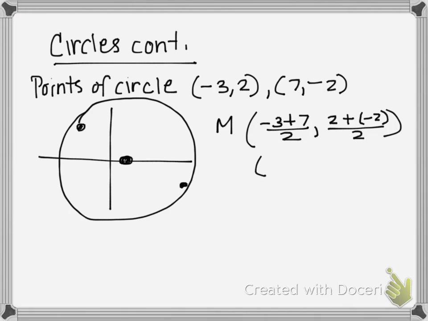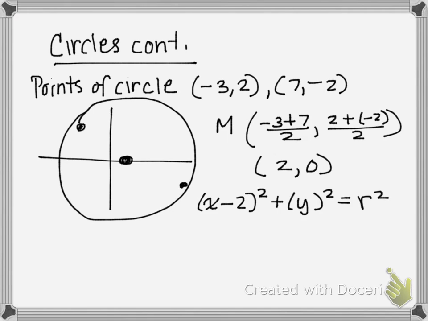And that will give us the midpoint, which would be at 2, 0, if I'm calculating correctly. So that would be the center, and then from there, it's simply a matter of plugging into the formula, x minus 2 squared plus y minus 0 squared is equal to r squared, and we could find r squared like we did on the previous problem. So that's simple enough for a circle.